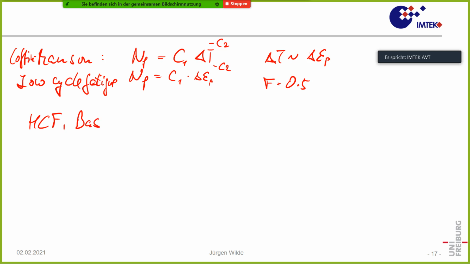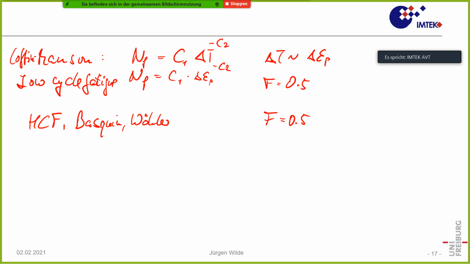So that is Basquin or Wöhler. Also here F is 0.5, but people also sometimes use a probability which is significantly lower. The reason why we can use a probability of 50% is that normally for the stresses or strains we use a safety factor, and in that way the real probability will be reduced.